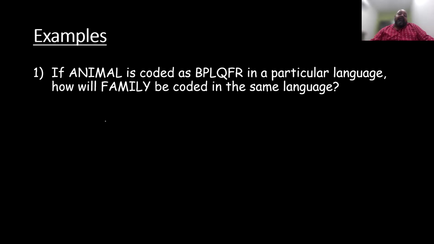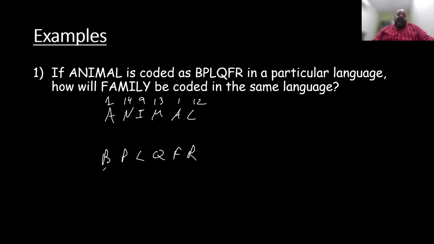So if I look at ANIMAL, A is 1, N is 14, and so on. Well, the code is BPL QFR. B is 2, P is 16, L is 12, Q is 17, F is 6, R is 18.